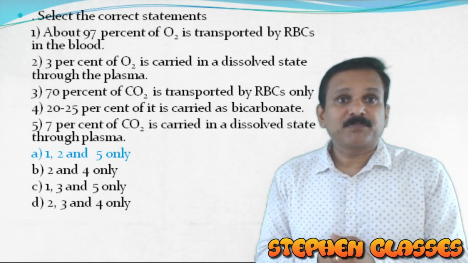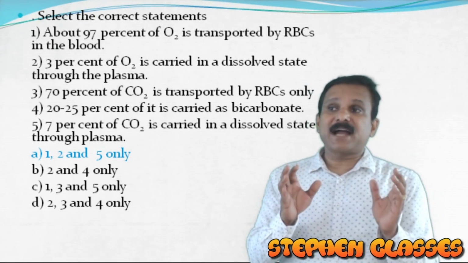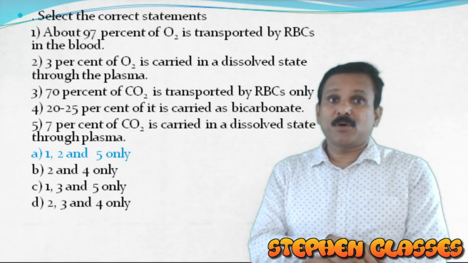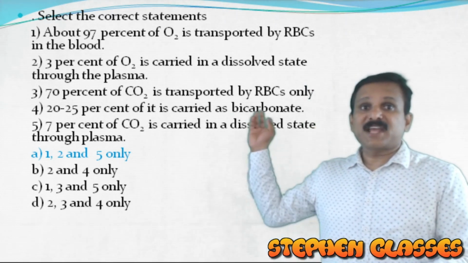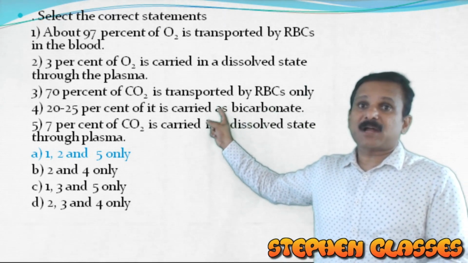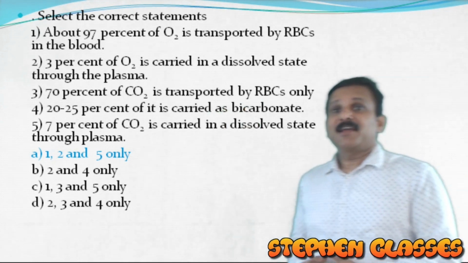Is it true? 20 to 25% of carbon dioxide will be transported as carbaminohemoglobin. Even though carbon dioxide is not given in the statement, you should take it as carbon dioxide. This statement is wrong. So our answer will be option A here.